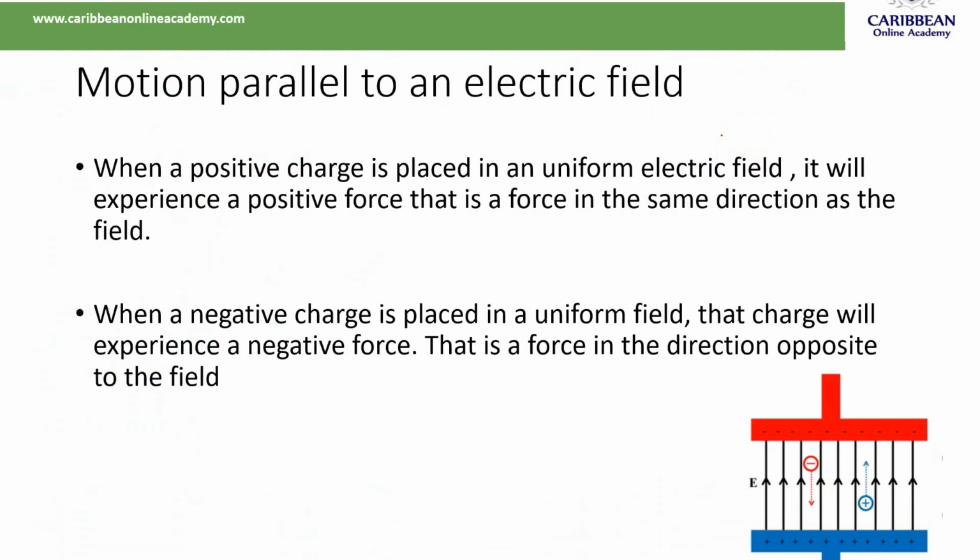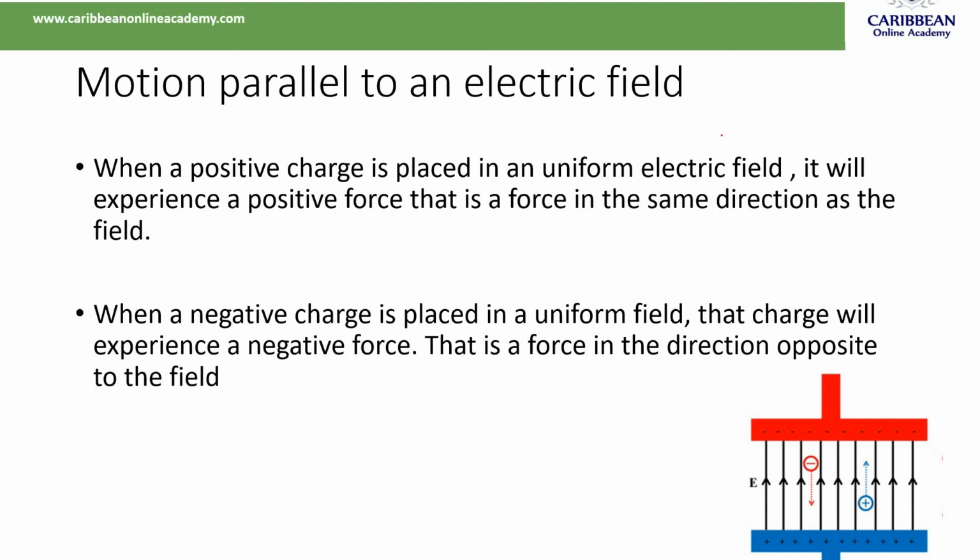Now, we did talk a little bit about the motion of a charged particle within the electric field, but let's speak about it again because it's on this slide. It says that when a positive charge is placed in an electric field, it will experience a positive force, that is a force in the same direction as the field.